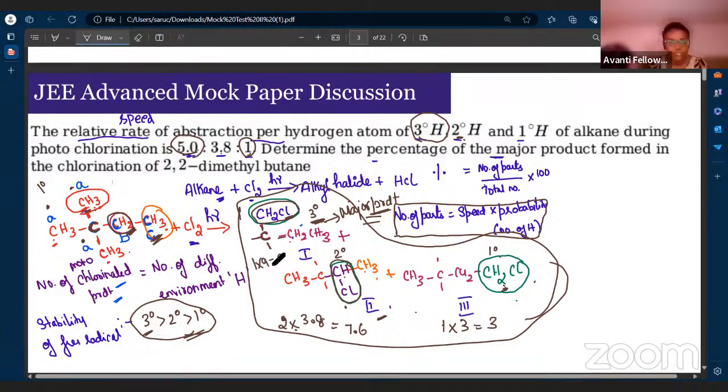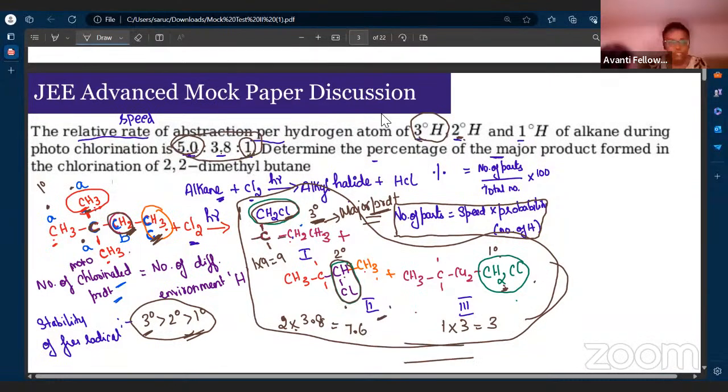Now, what is the total? It is 9 plus 7.6. So this will give you the total number of parts. Everyone, this is how I did this ratio and multiplied it. Got it, everyone?